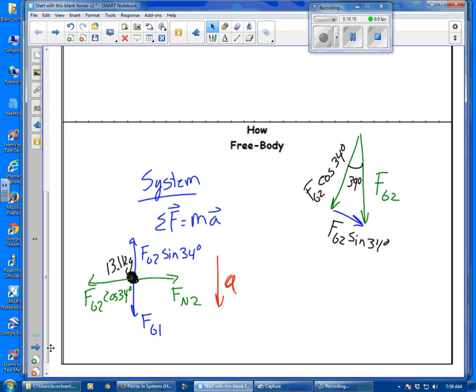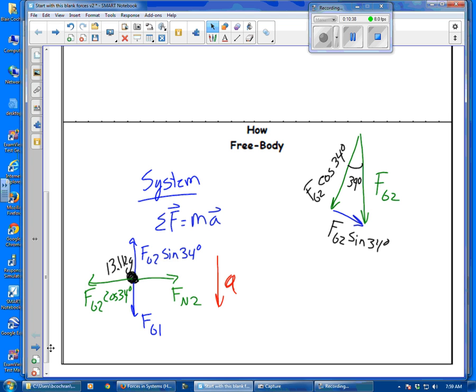Because this is really a representation. It's not like that one points down and that one points this way. I established a direction with FG1, and then I looked at what direction other things are in relation to that. The normal force is perpendicular to that direction, and then I used my triangle here.